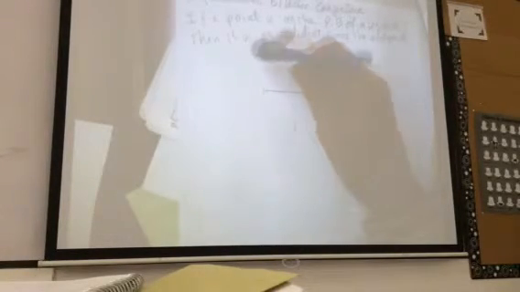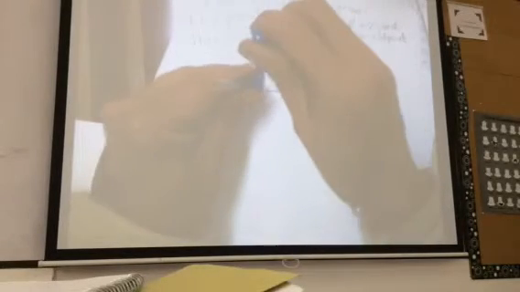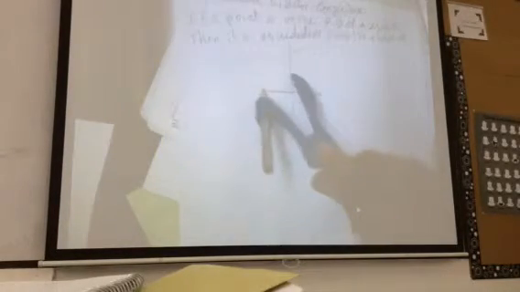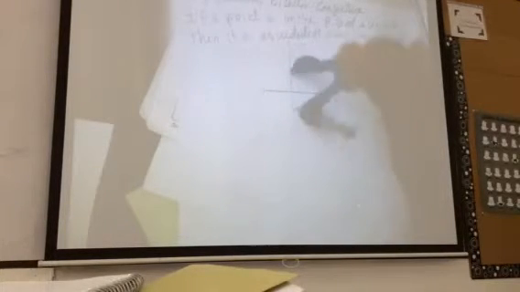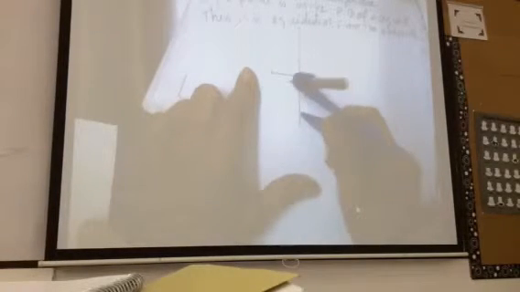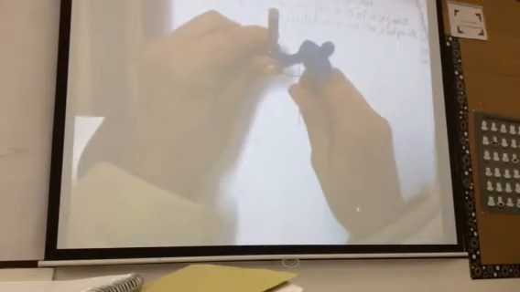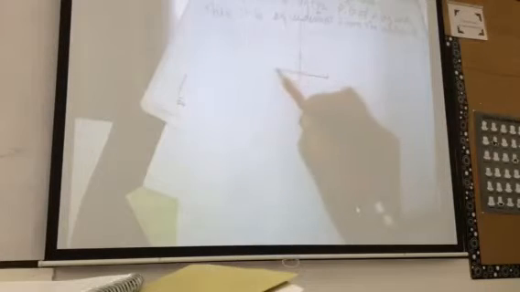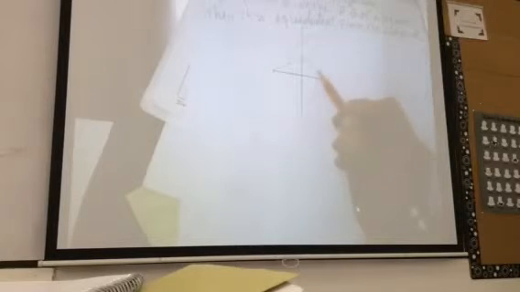The distance from this point to this endpoint is the same as the distance to the other endpoint. Any point on the perpendicular bisector, this distance is going to be the same as this distance. They're going to be the same.